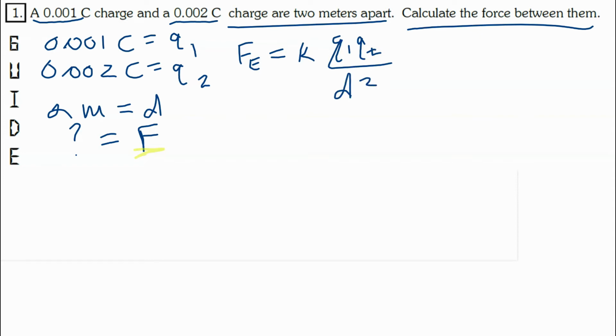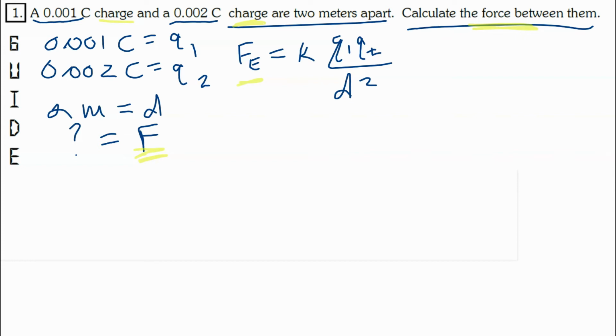Now this formula is in terms of electrical force. I'm looking for the force between these two charges. So I can go ahead now to the D. I can do the math.